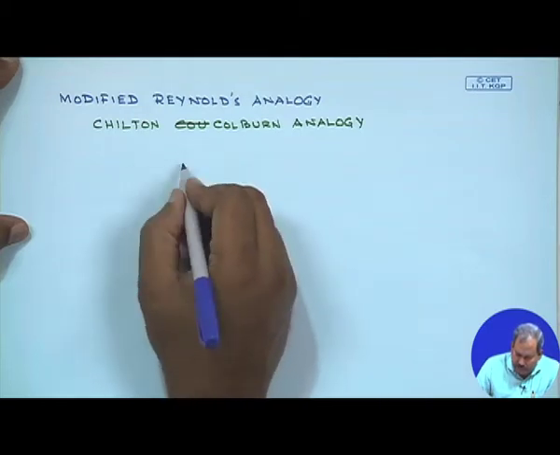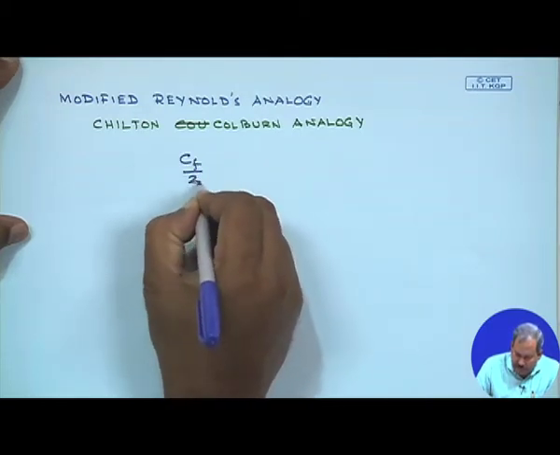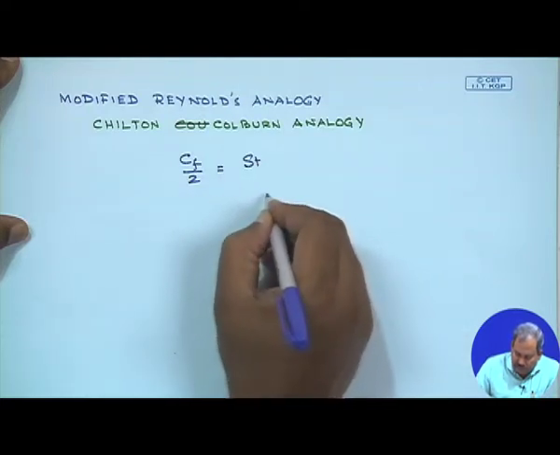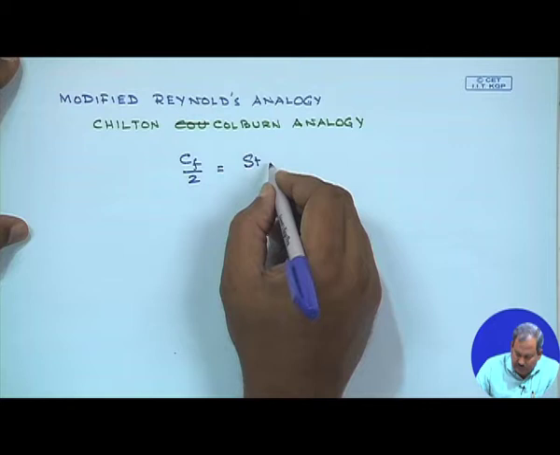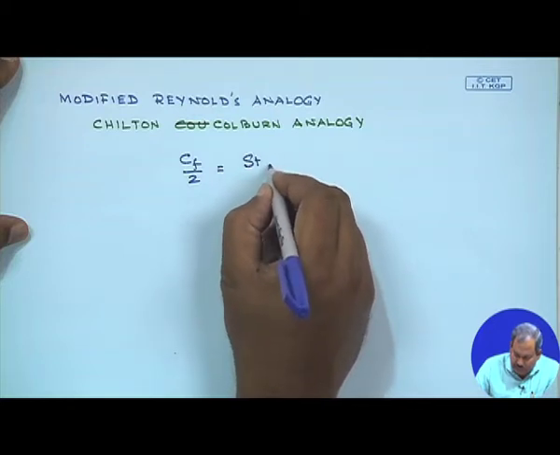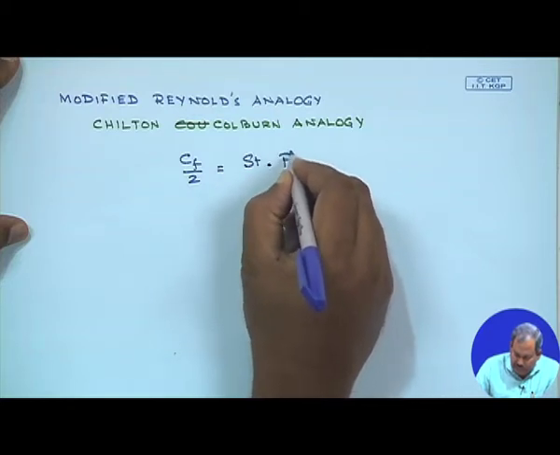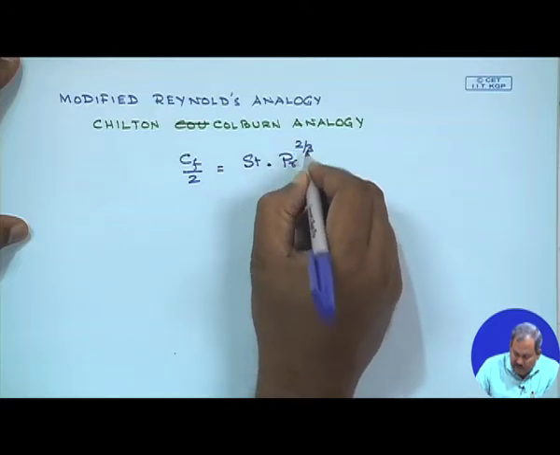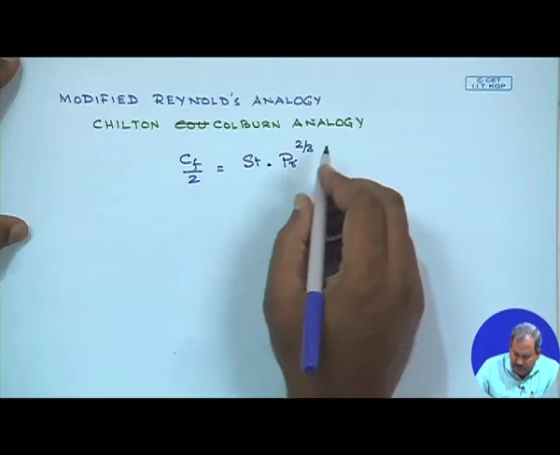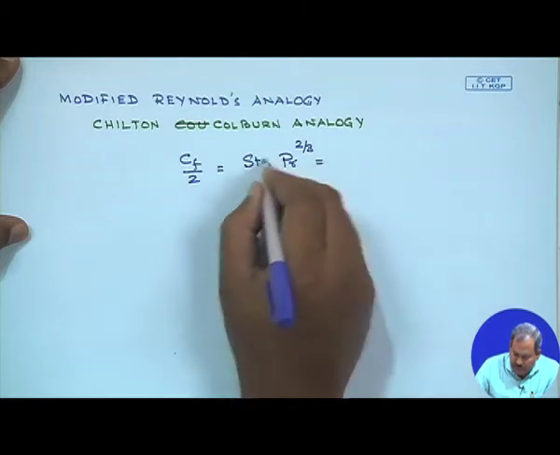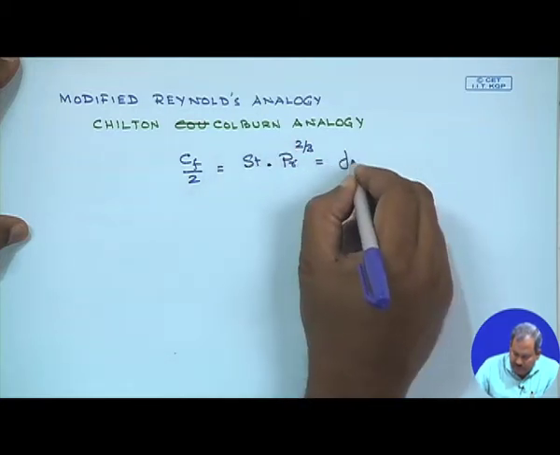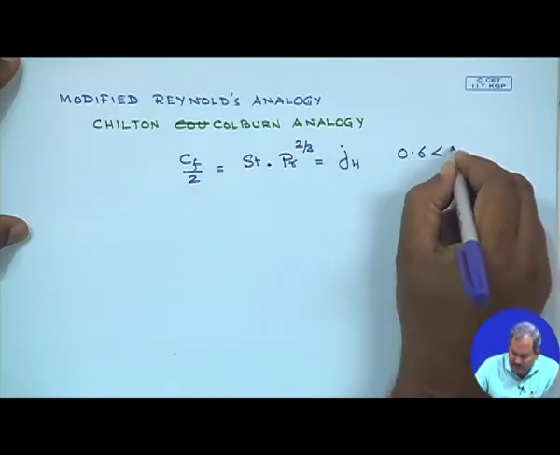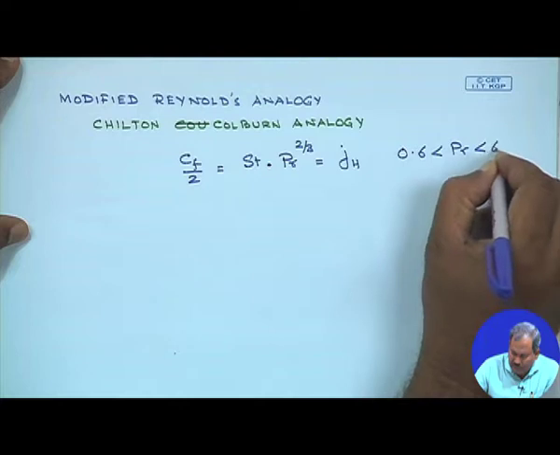Cf by 2 equals the Stanton number based on heat, which is only valid for Nusselt number equal to, for Prandtl number equal to 1. But the range can be extended if a Prandtl number correction is added to this relation, which is called Jh, and it extends the Prandtl number from 0.6 to about 60.